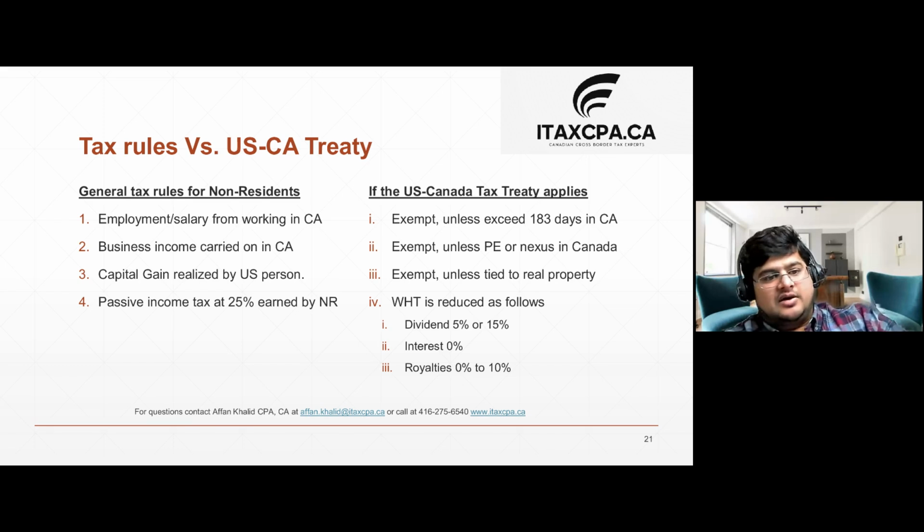Capital gains are fully exempt under the treaty unless the gains are tied to real property, and withholding taxes are significantly reduced from 25%, which is the domestic rate, to 5 or 15% on dividends, 0% on interest, and royalties is 0 to 10%.